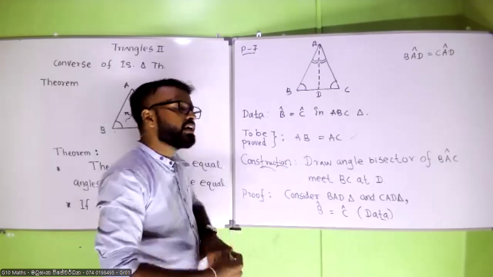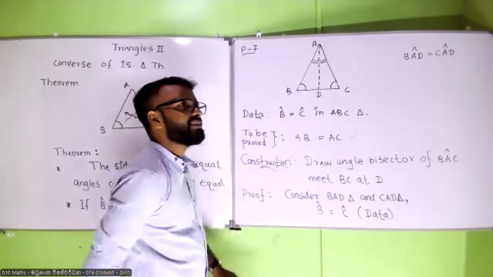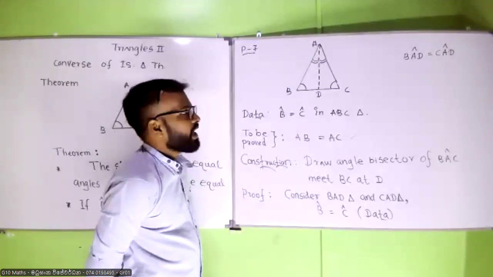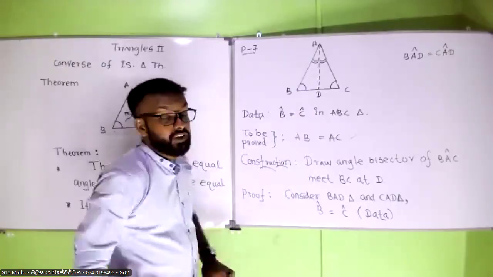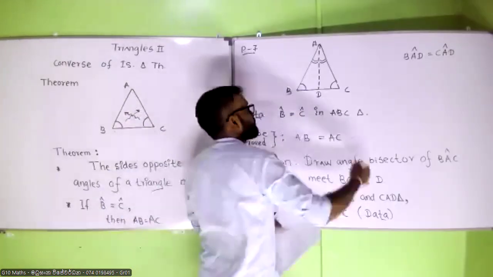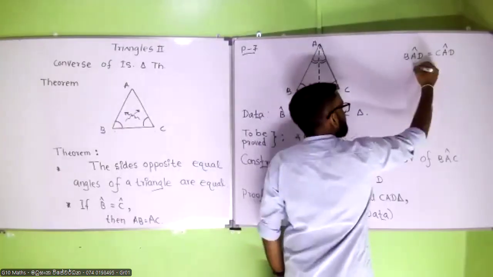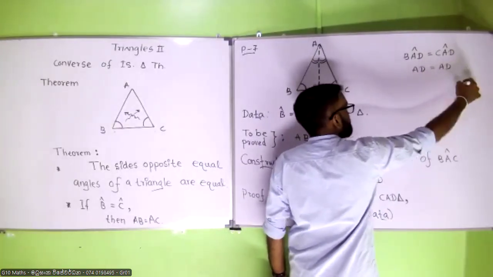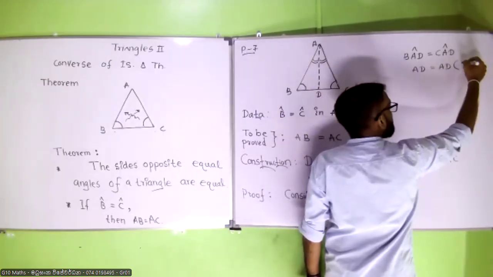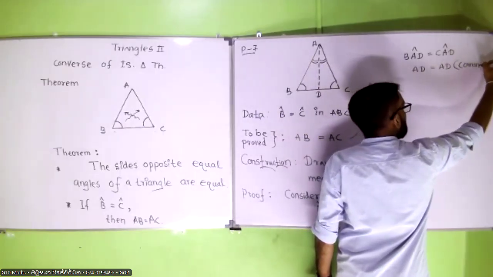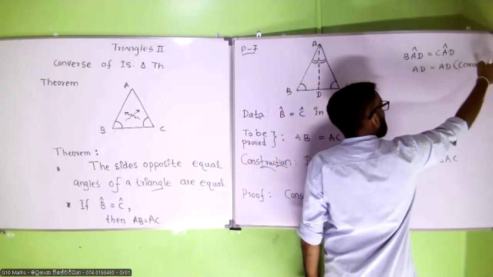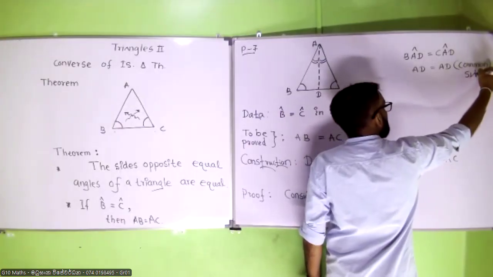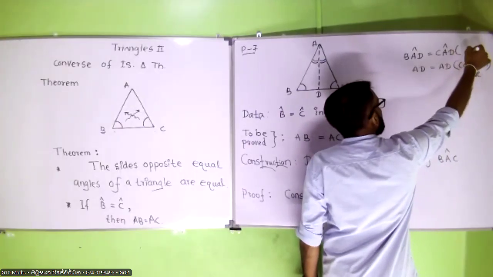So what is the related case for two angles? Angle, side. Yeah, we have to take a side. So the side is AD. AD equals AD. What is this? I forgot to write that this is a common side.